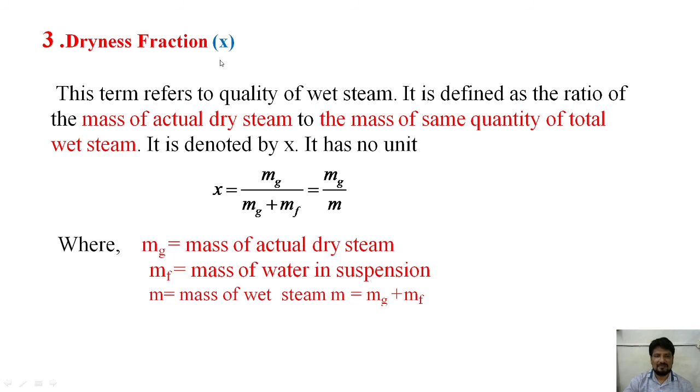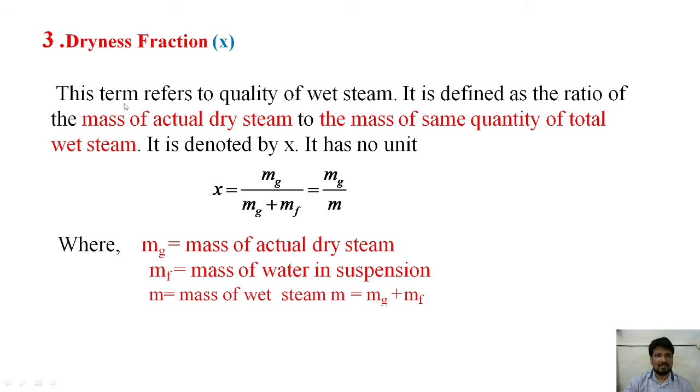A wet steam contains an X value, some dryness fraction, with a value from 0 to 1. When it reaches 1, it is a dry steam. Above the dry steam is the superheated one. So the dryness fraction always represents the quality of the steam.